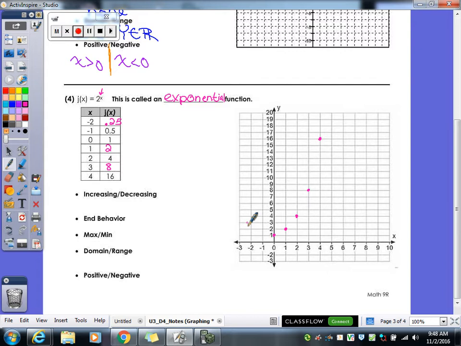And then I do my decimals, like negative 1.5 means I'm going to go up half of a box. And then 0.25, less than half of a box. You're just kind of estimating with your decimals. And again, you want to connect your points, make your curve.